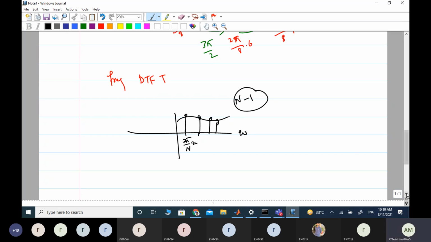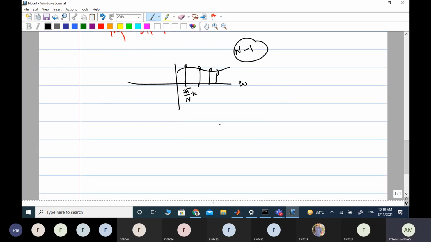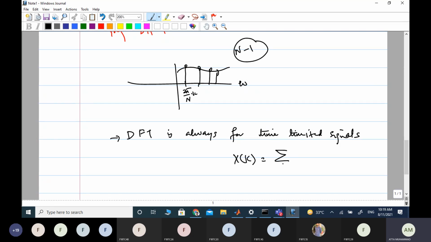Certain points to remember about DTFT is that DTFT is always computed for time limited signals. That means our X of k is the summation, n from 0 to n minus 1, x of n e to the power minus j 2 pi by n times k.